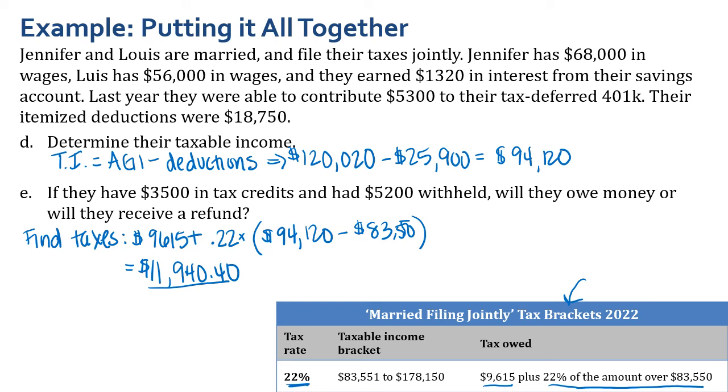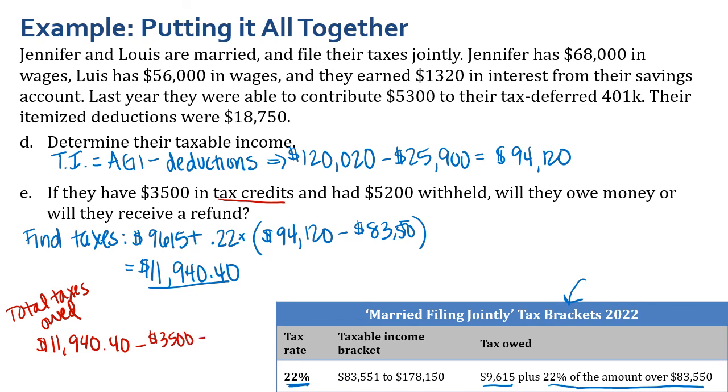So now let's take off our credits and the amount of money that they've already paid. If we figure out the total taxes owed at the end, we're going to take what they owe in taxes, $11,940.40, and subtract any tax credits, so $3,500.